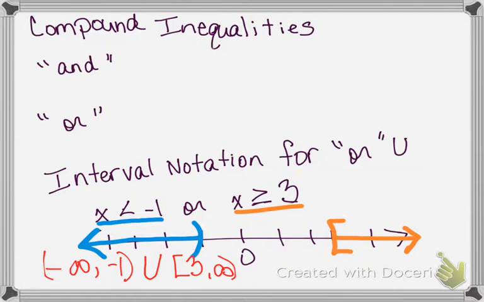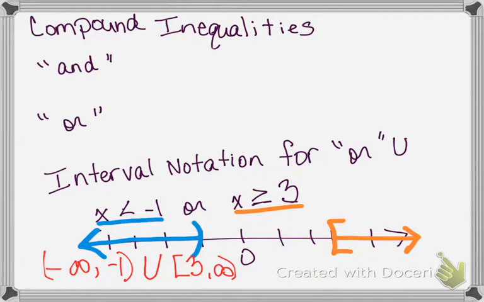That's what this means right here. It's interval notation. All three of these are telling us the exact same thing. But you want to make sure that we are putting it in the form that our directions in our course is asking for. Okay? That's what you want to do.